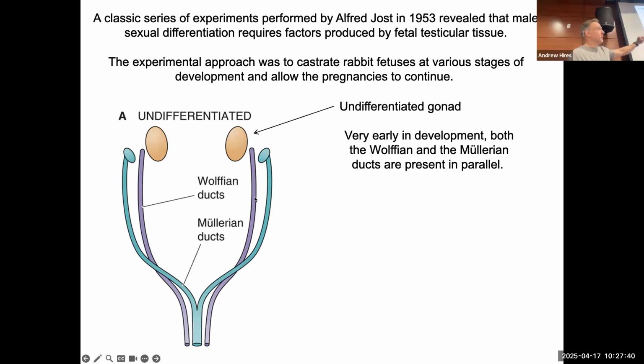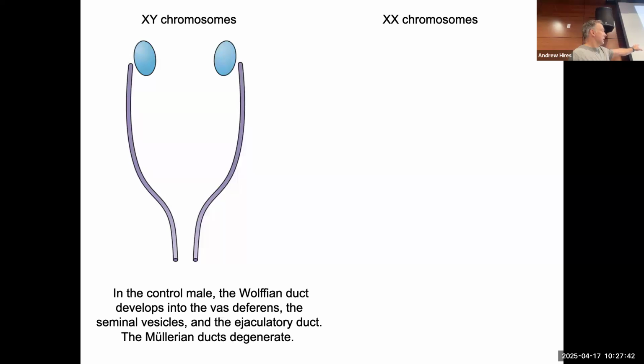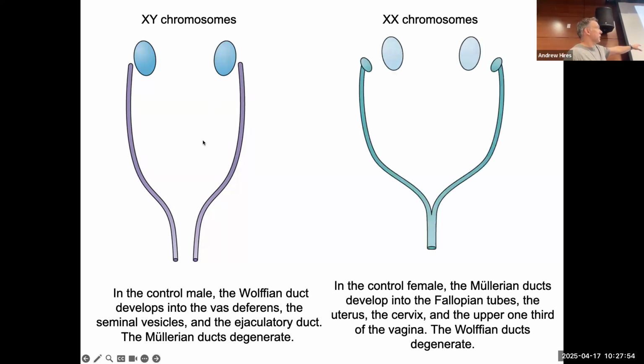Now, if you have an XY chromosome, sort of our control male, what will happen is the Wolffian duct develops into the vas deferens, seminal vesicles, and ejaculatory duct. The Mullerian ducts degenerate. If you have XX chromosomes, the opposite happens. Mullerian ducts are going to develop into fallopian tubes, uterus, cervix, and vagina. The Wolffian ducts will degenerate.